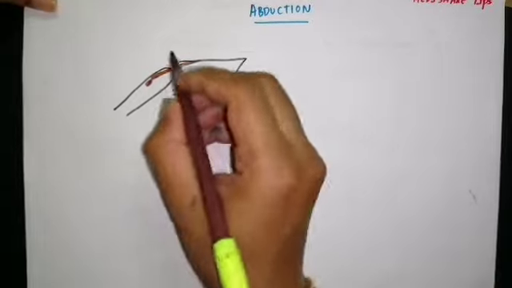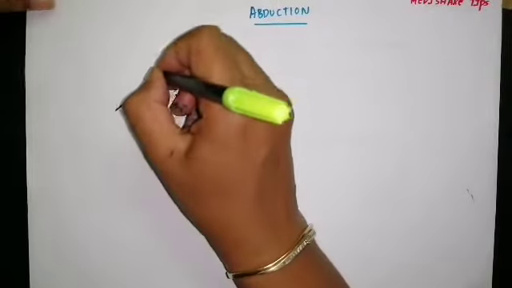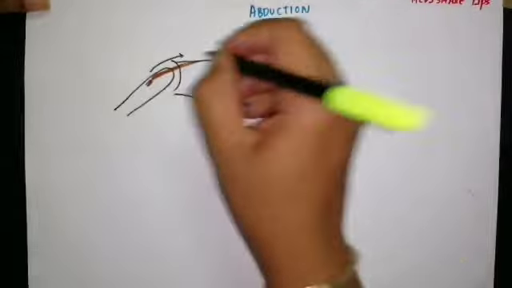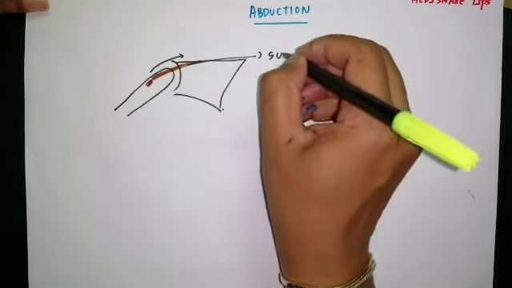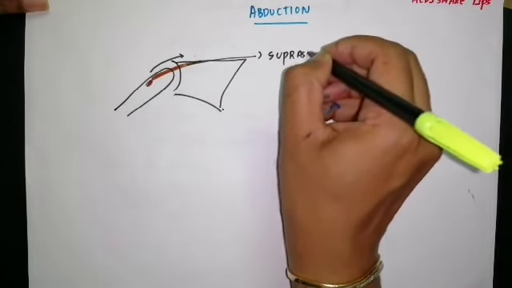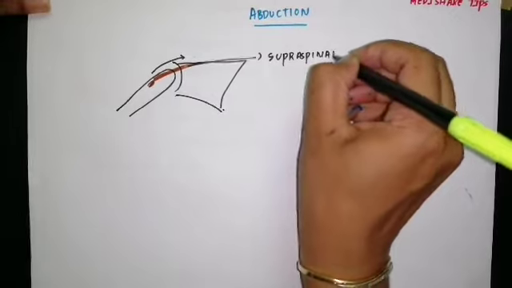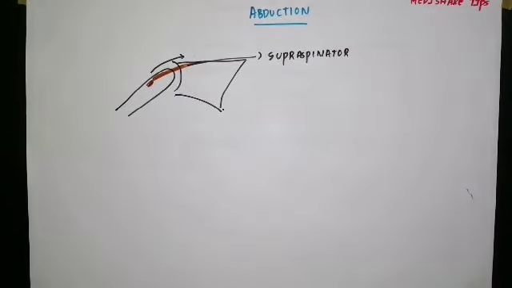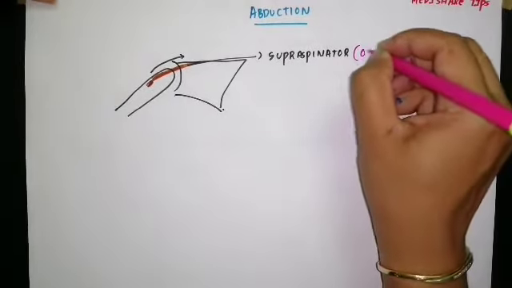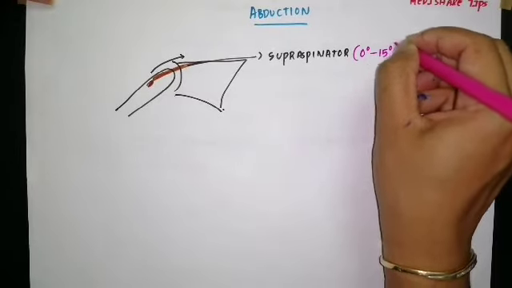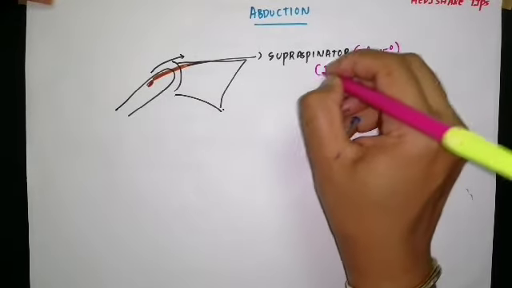This is the supraspinatus. It pulls the humerus like this. So this is the supraspinatus, which is the initiator of abduction and carries out abduction from 0 to 15 degrees. That is the initiator.